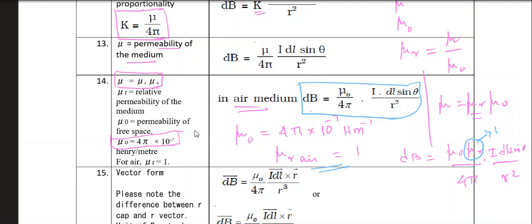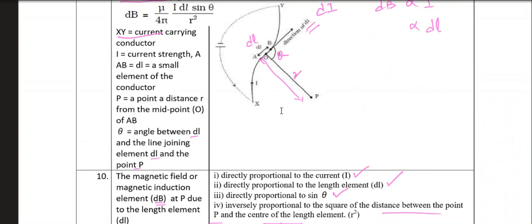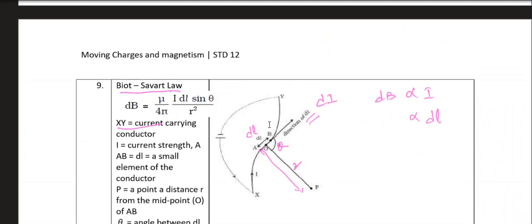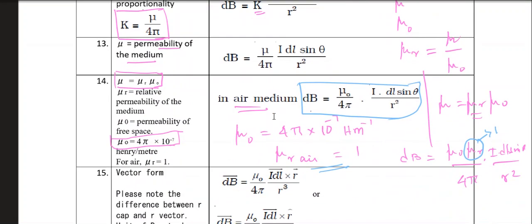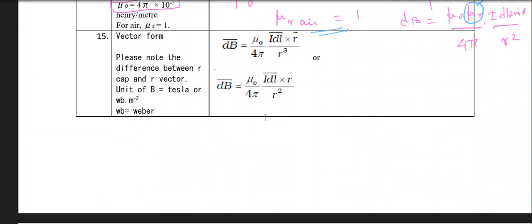Now let us represent the same equation in the form of Biot-Savart's law. Biot-Savart's law is represented in vector form like this: dB vector, because magnetic field is a vector, is equal to mu naught by 4 pi into I dl vector cross r vector divided by r cubed.